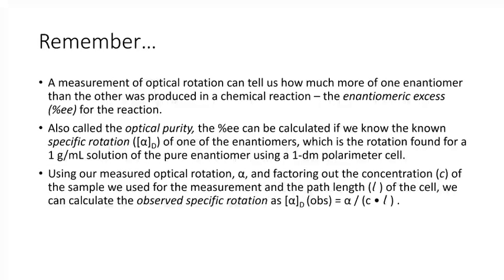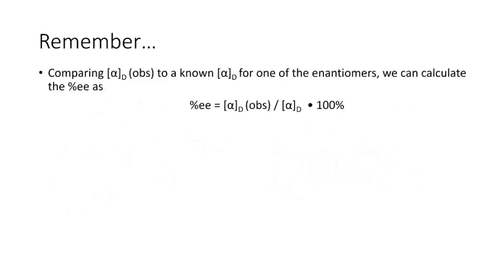Using our measured optical rotation, alpha, and factoring out the concentration of the sample we used for the measurement and the path length of the cell, we can calculate the observed specific rotation as our measured optical rotation divided by the concentration and also divided by the path length.